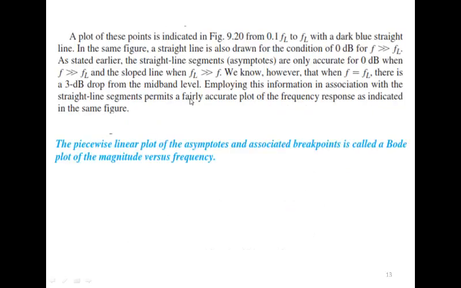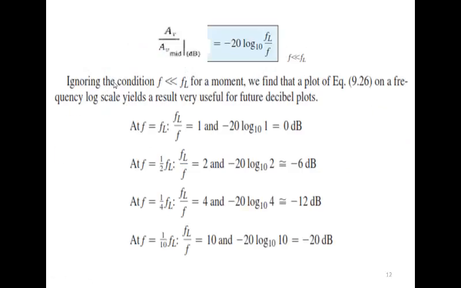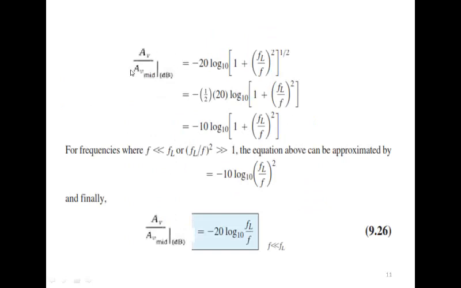Similarly, for frequencies very much higher than the cutoff frequency, for any frequency which is much higher than FL, this number would be less than 1, and you can ignore this number. This is approximated as 0, and you have minus 10 log of 1, which would be 0 dB.